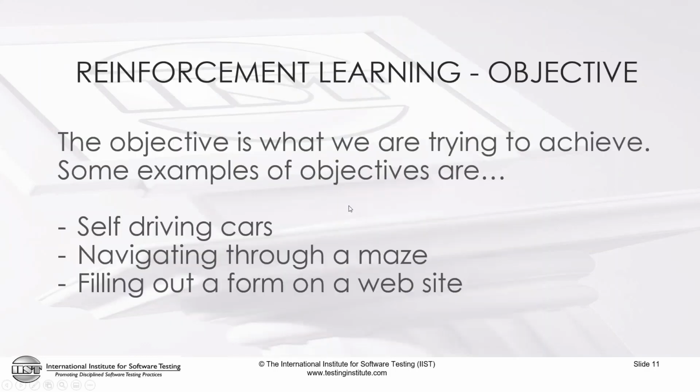Some examples of reinforcement learning: self-driving cars, navigating through a maze, or filling out a form on a website. And that's very important because to the eyes of the computer, all of these are the same. There is no difference. And that is one of the main understandings that everybody on the call is going to get during this meeting.